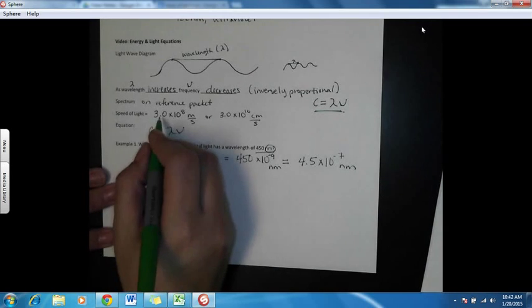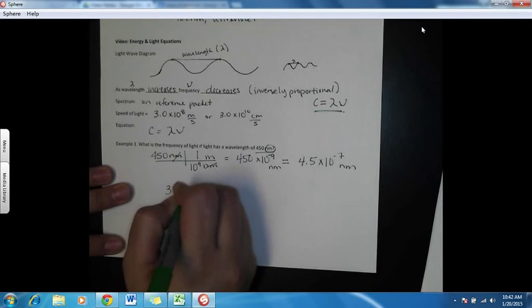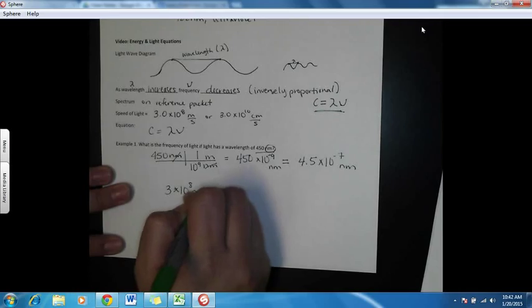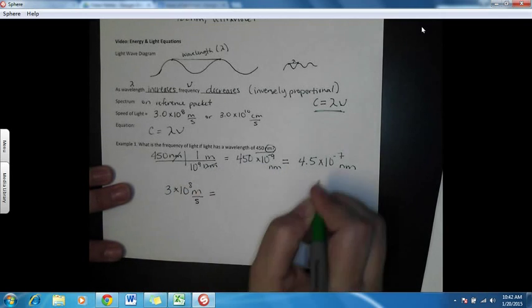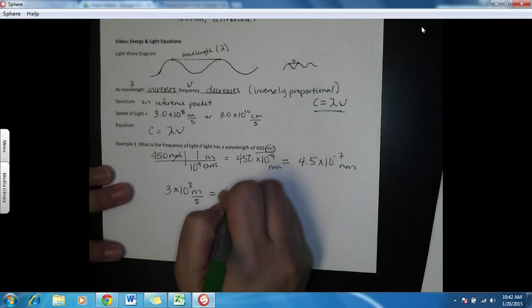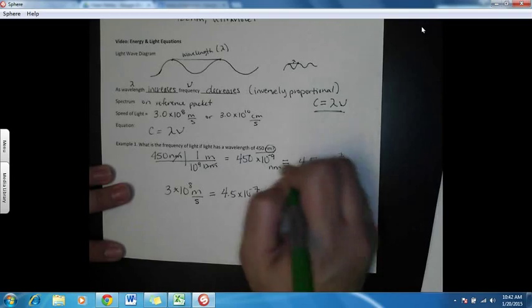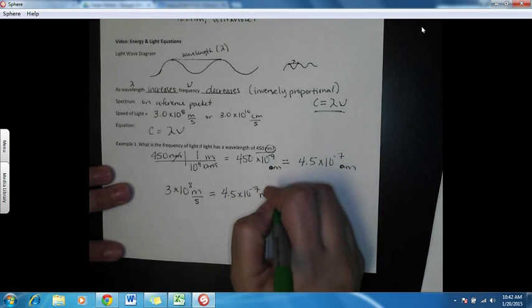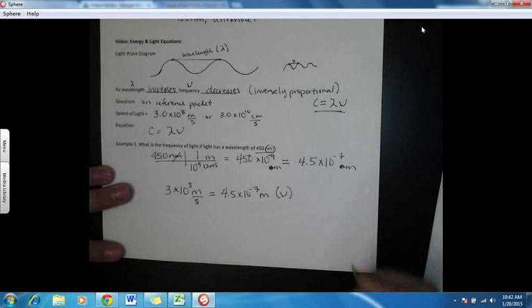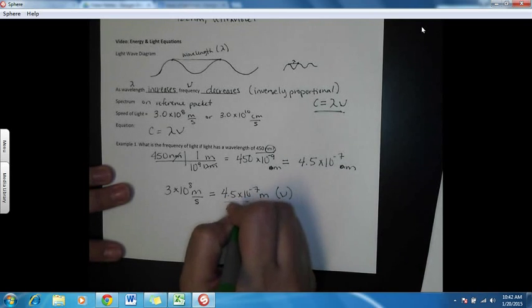So we take our speed of light, 3 times 10 to the 8th meters per second, equal to the wavelength, 4.5 times 10 to the minus 7 meters, times our frequency. And then we divide by 4.5 times 10 to the minus 7.